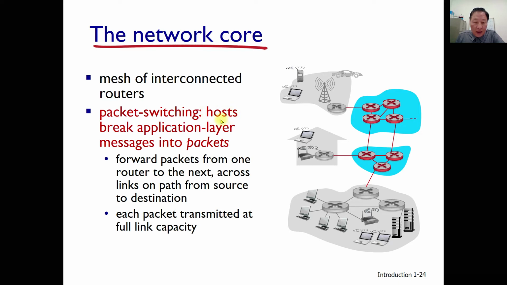And the host is breaking application layer messages into packets, forwarding packets from one router to the next across links, one path from source to destination. And each packet is transmitted at full link capacity. This one is the link. There are many different kinds of links, and to arrive at the final destination, that packet goes through many different kinds of links.